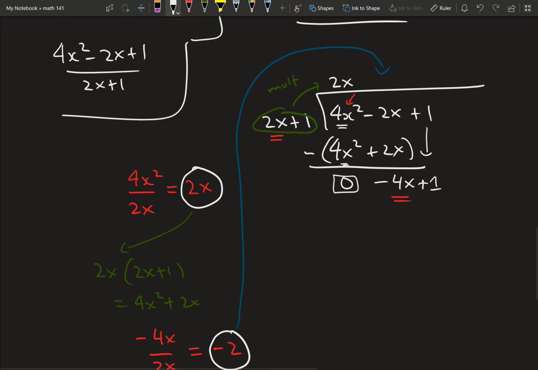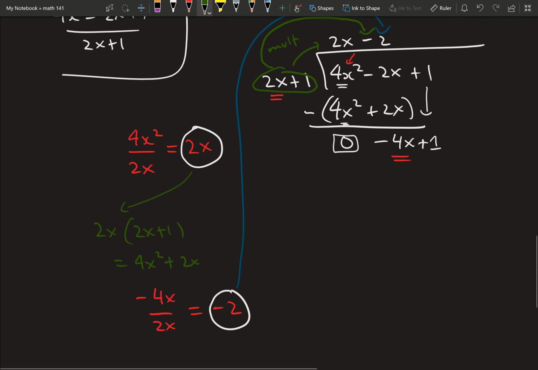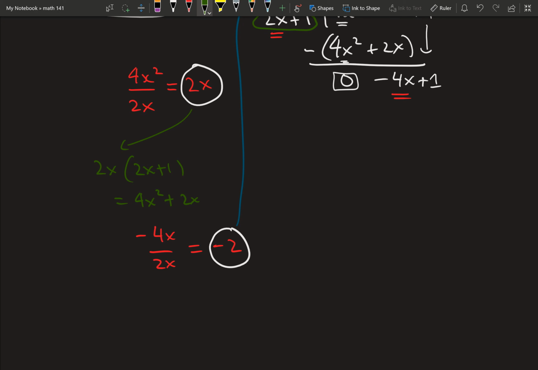And once we do that, we're going to again multiply. So we're going to take this 2x plus 1, which is our divisor, and multiply it by negative 2. And let me do that off to the side here. So I have negative 2 times 2x plus 1. That's negative 4x minus 2.